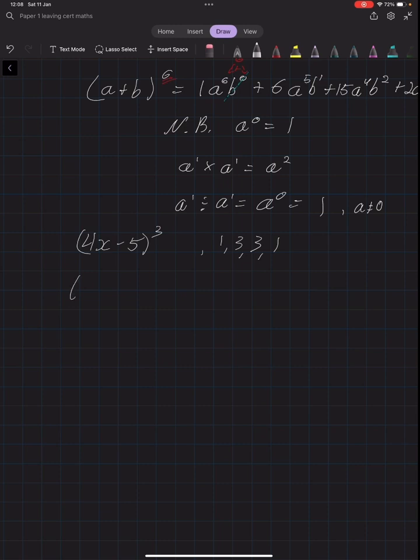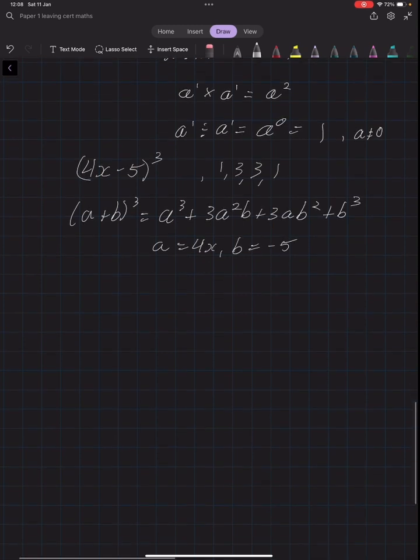So I know that a plus b cubed is a cubed plus 3a squared b plus 3ab squared plus b cubed. That's what it is. So now I'm just going to plug in a equals 4x and b equals minus 5.